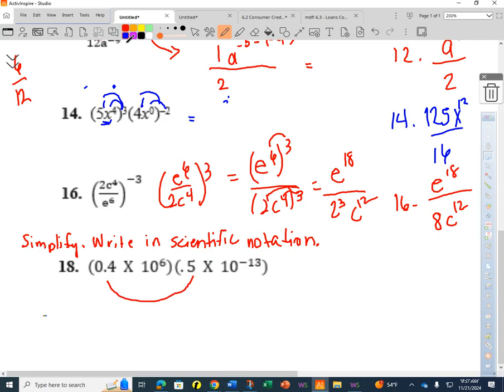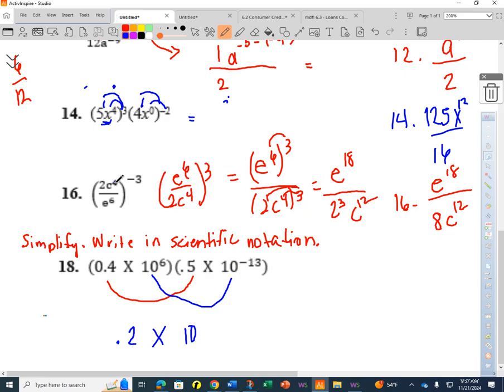And then we multiply the base of 10 by the base of 10. So we multiply 0.4 times 0.5, on your calculator you'll get 0.2. So we put the big X, our base of 10. What's the exponent going to be on that 10? What are you thinking about? 10 to the 6 times 10 to the negative 13, that's like base times like base. What do we do with those exponents?